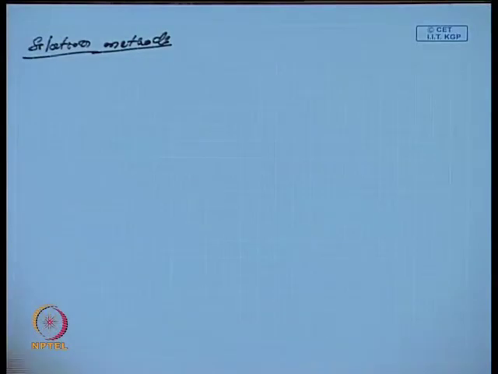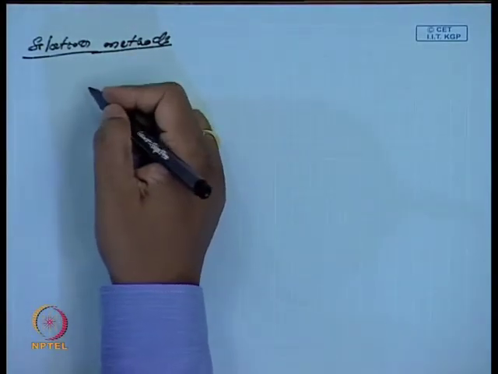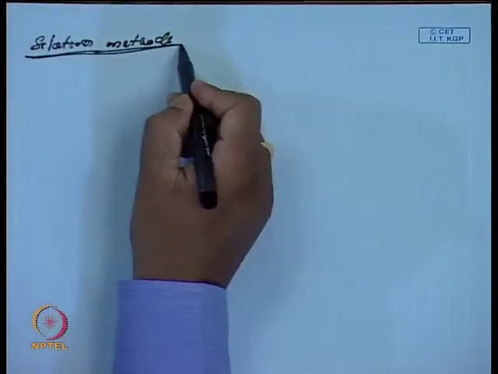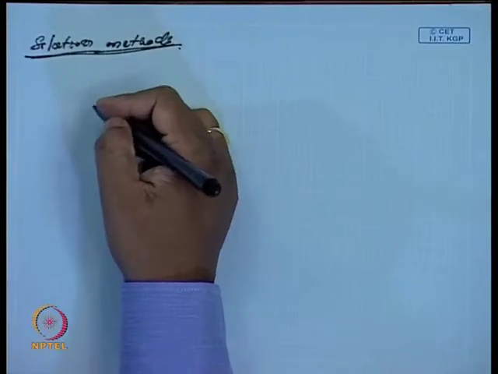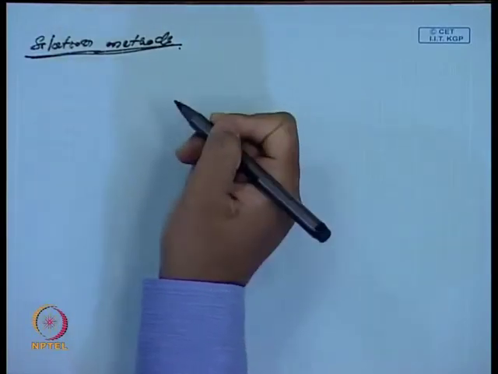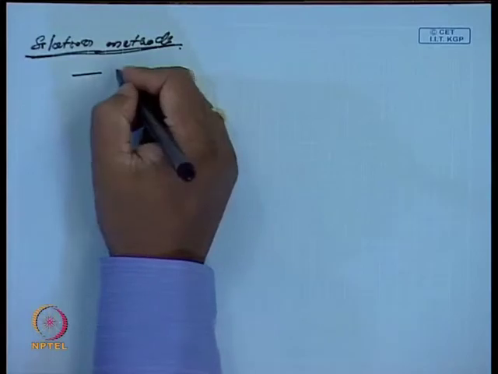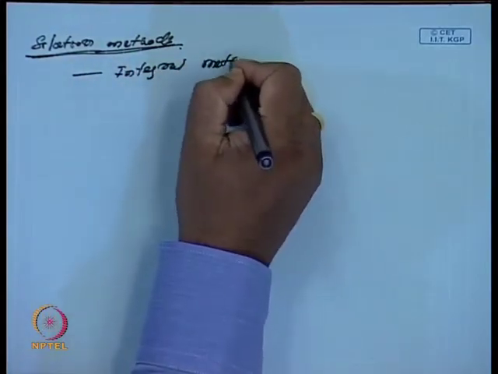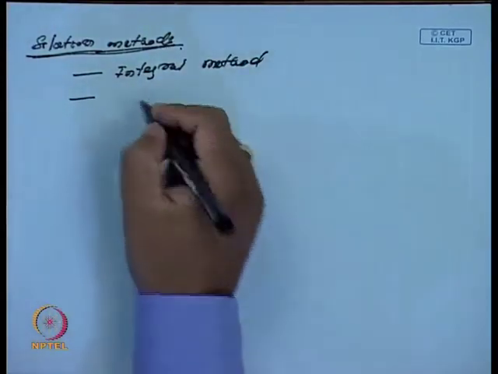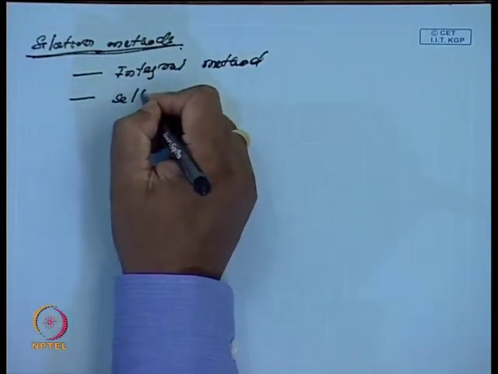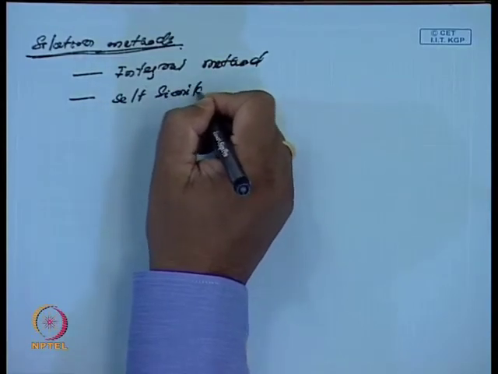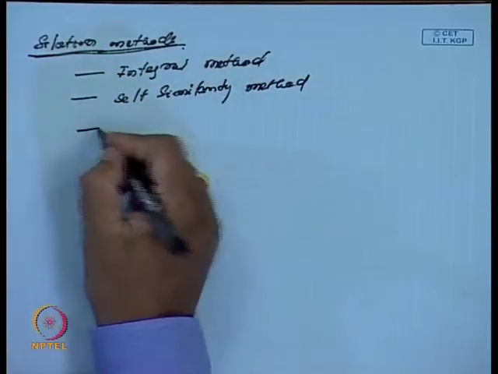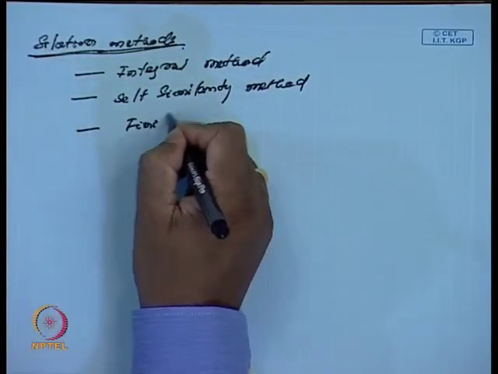But what will happen in case of a boundary layer? In case of a boundary layer, the solution methods we will use are three. One is the integral method, another is called the self similarity method, and the third is called the finite difference method.